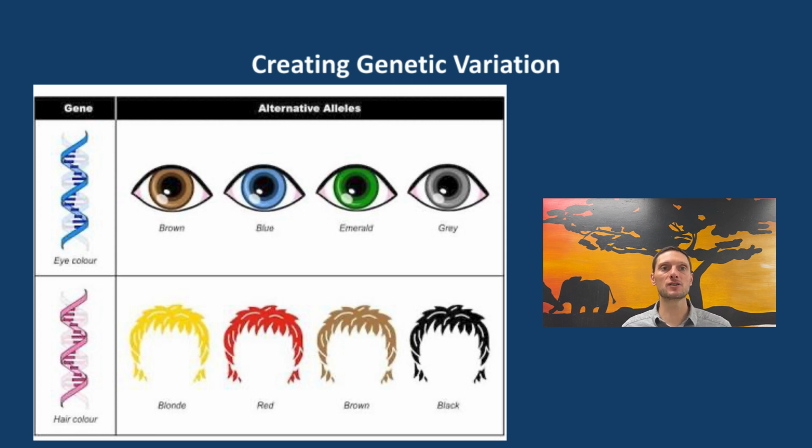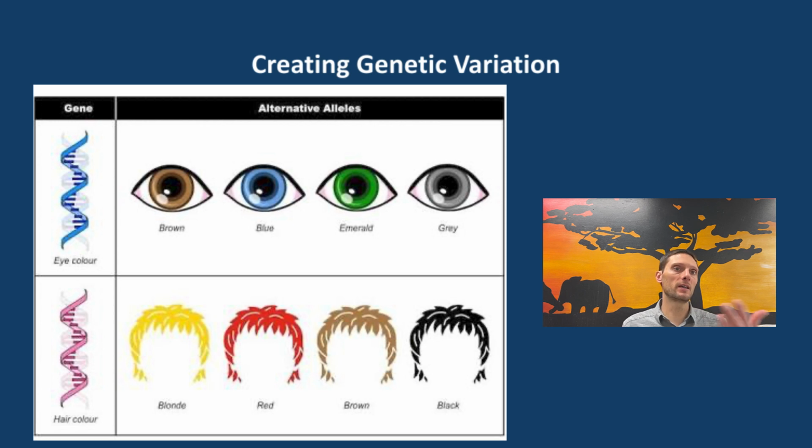While mutations oftentimes get a bad rap, they're actually really essential to the survival of species because they can create genetic variation, genetic variety. And so to understand this further, we need to define the term allele. I've used it a little bit already throughout this video, but an allele is a particular form or type of a trait that differs by one or more bases from other alleles of the same gene. So it's the same gene, it's the production of the same protein, it's just a slight alteration that changes that particular protein.